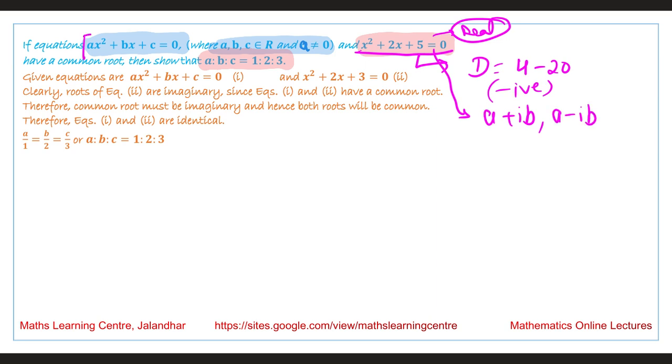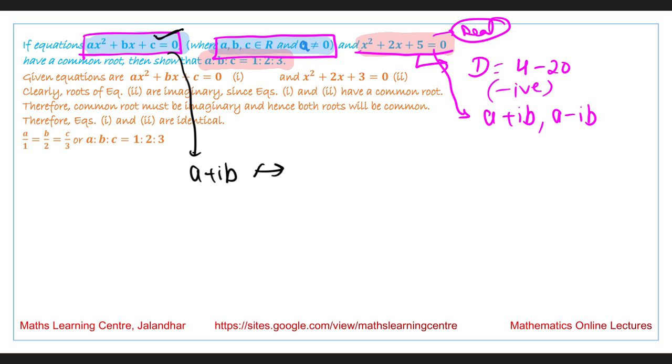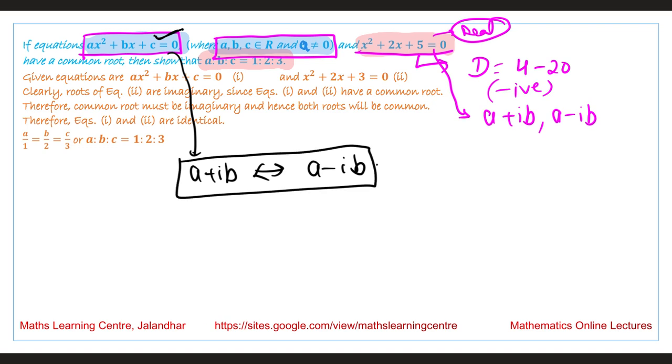We are also given that the first equation has real coefficients, so if one root is common between these two, say a + ib, then automatically the other root will be a − ib. It means both the roots of these two equations are equal.